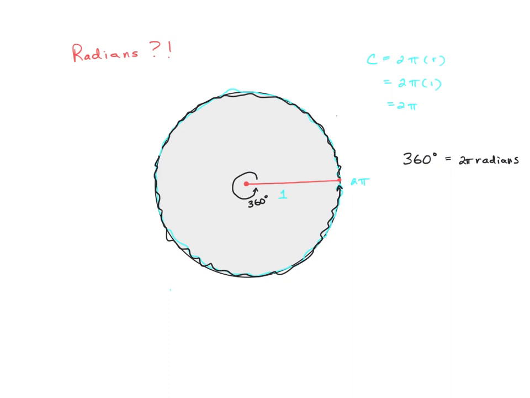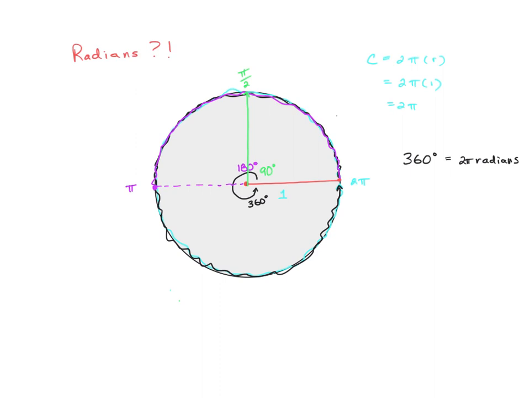And we could continue on and say, if 360 degrees around is 2 pi, then I bet if I only went 180 degrees, this would have a measure of pi radians, half of 2 pi. And same thing if we went, let's go green here, 90 degrees, I would have an angle with a measure in radians.